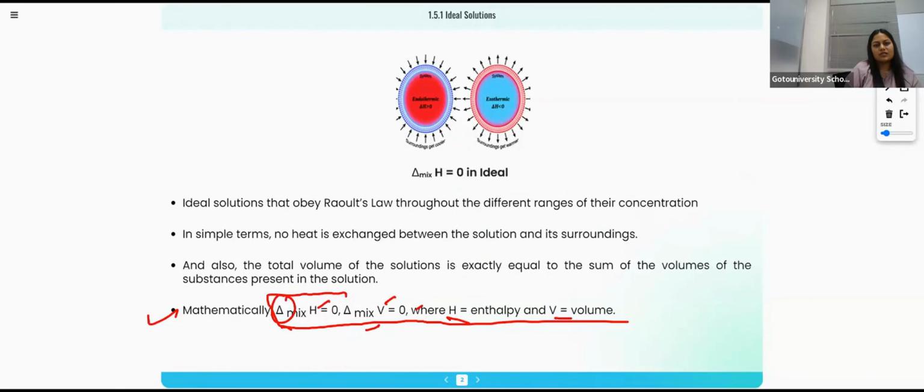This delta represents the change in enthalpy. It is also termed delta H mixing.